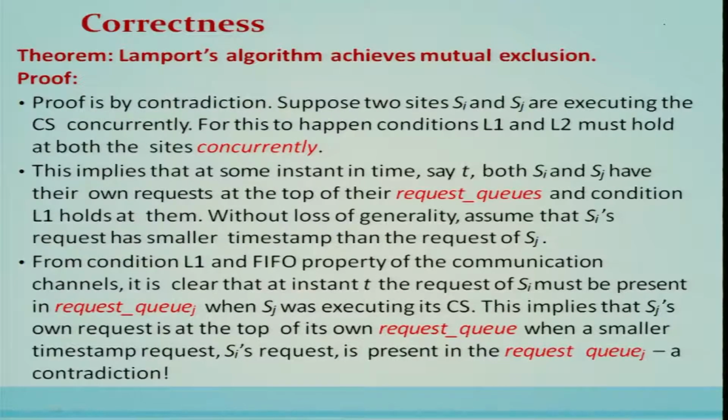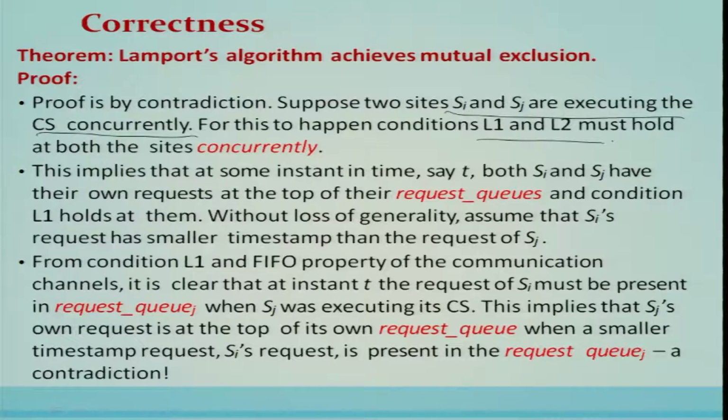Now, correctness. The theorem: Lamport's algorithm achieves mutual exclusion. The proof goes by contradiction. Suppose two sites Si and Sj are executing inside the critical section concurrently at the same instant of time. For this to happen, the two conditions L1 and L2 must hold at both sites.